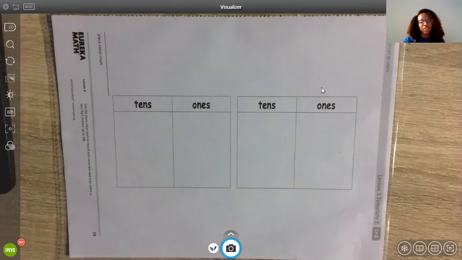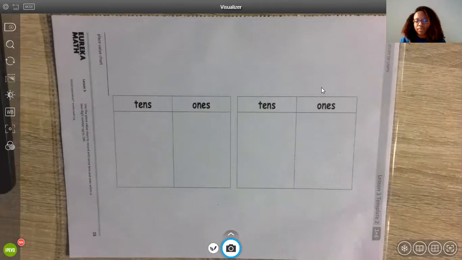If I have a digit in the 10s place, that's 2, and a digit in the 1s place, that is the number 1. If you do not know, think about this. What's the value of the 2 in my number? It would be 20. And then what's the value of 1 in my number?